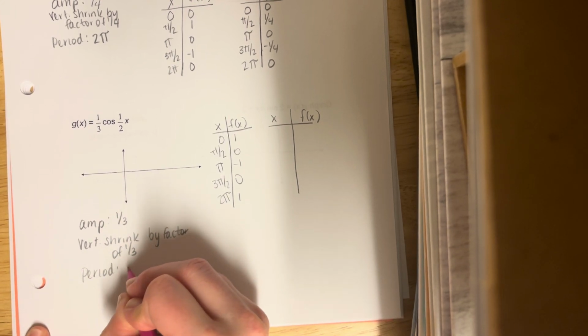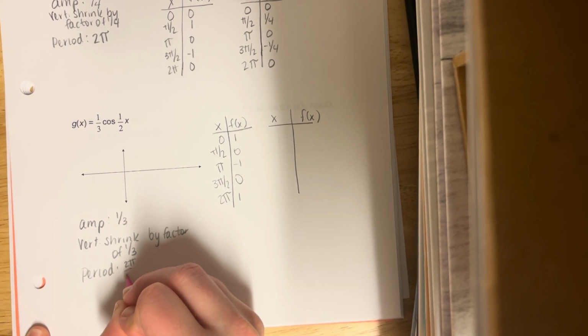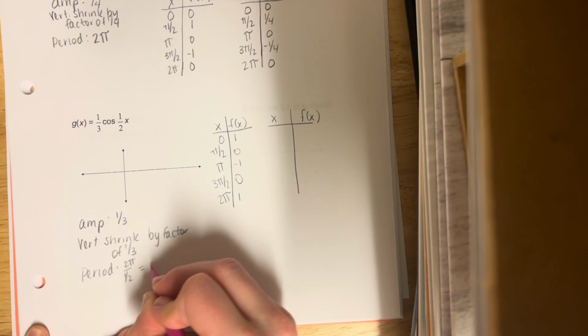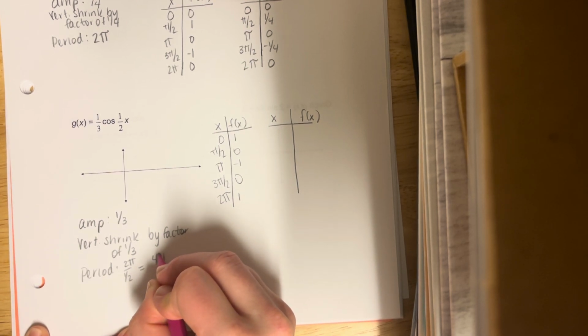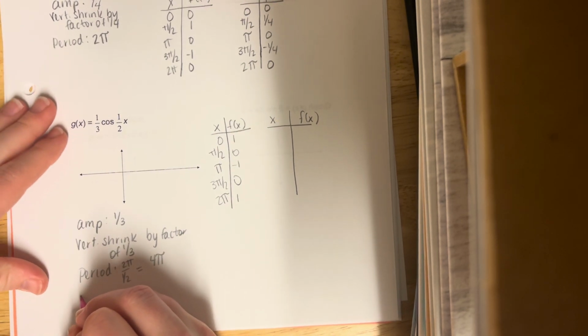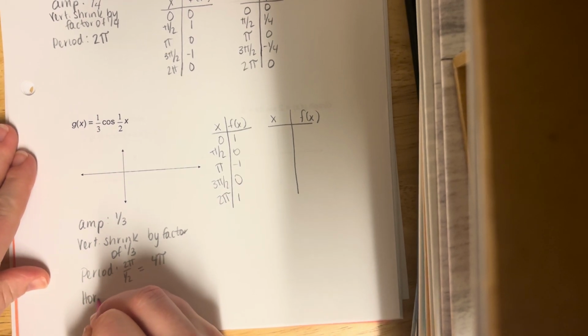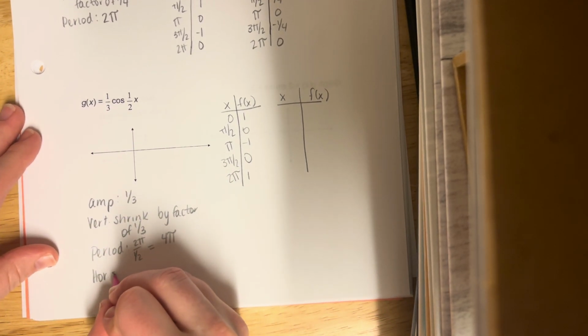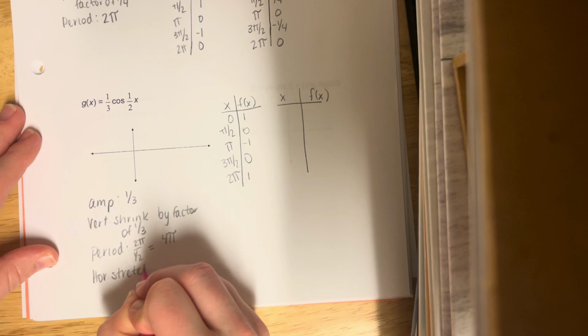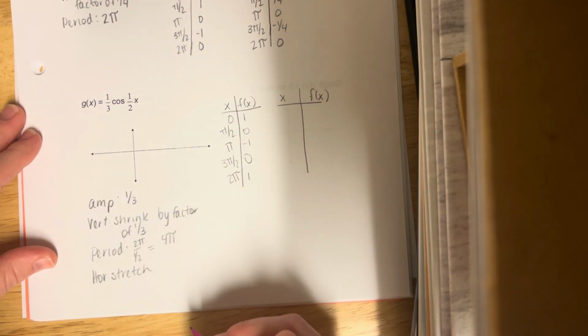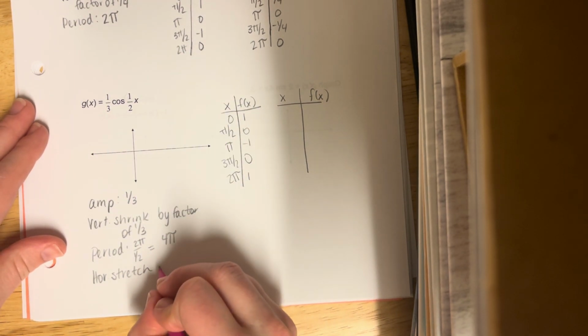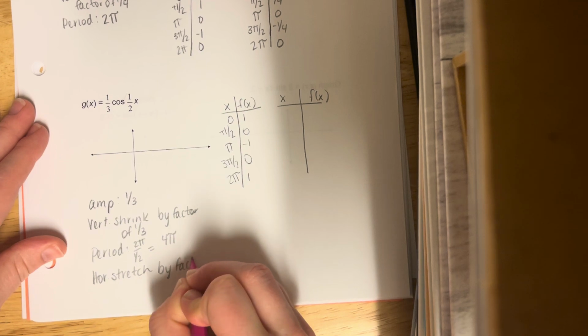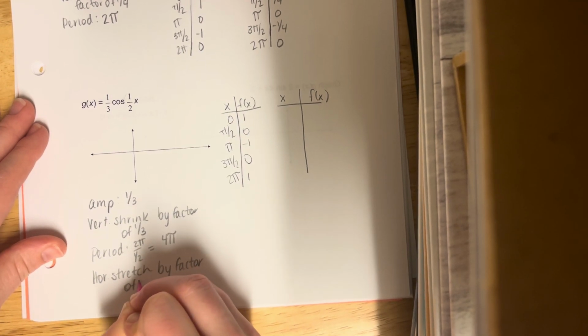Our period is 2 pi divided by 1/2, which is 4 pi, right? Or we can think of this as a horizontal stretch. Again, remember this part is the opposite of what we would think. Horizontal stretch by a factor of 2.